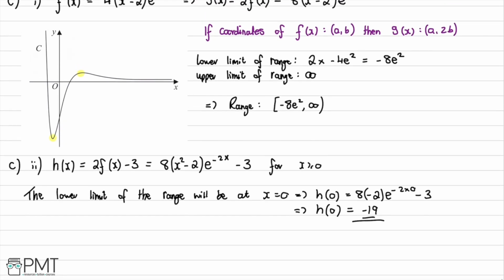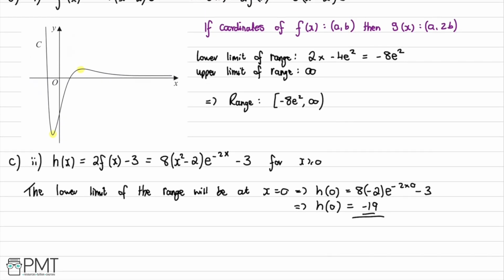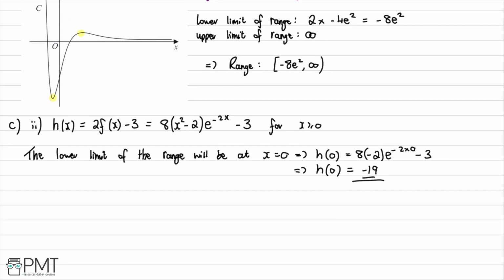So then we can now think about the upper limit. So what's it going to be? So we're looking at everything on the right-hand side of the y-axis. So what's the highest point on this y-axis? Well, it's going to be our maximum turning point. So then we can say that the upper bound will be our maximum turning point.